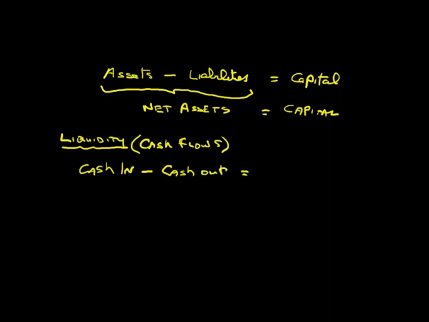If the cash in is greater than the cash out, we'll have cash left over at the end, so we refer to that as a surplus. But of course, sometimes the cash out will be greater than the cash in, and we refer to that as a cash deficit.